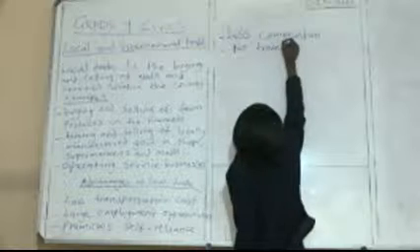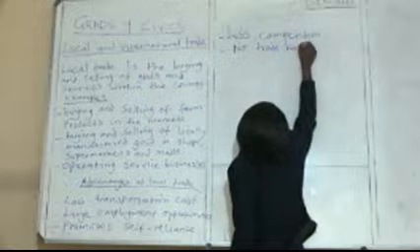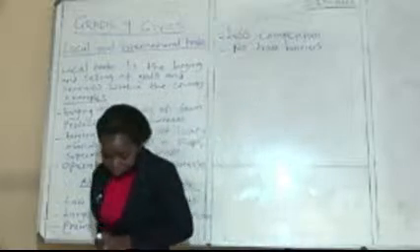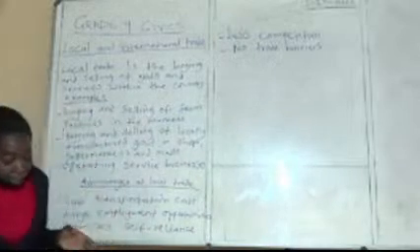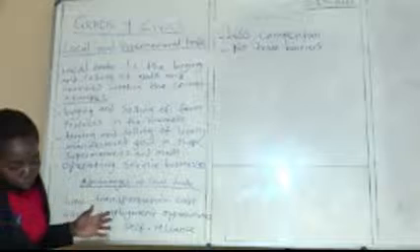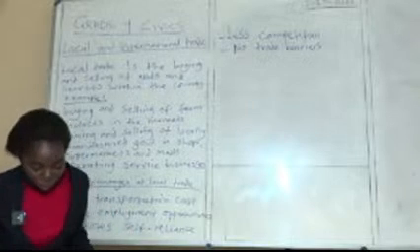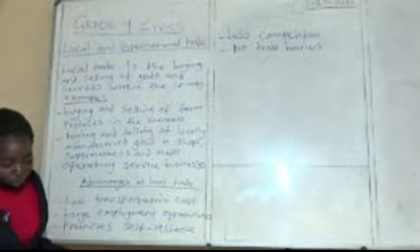The fourth advantage is no trade barriers. Local trade follows few formalities as compared to foreign trade, and it is free from trade barriers.